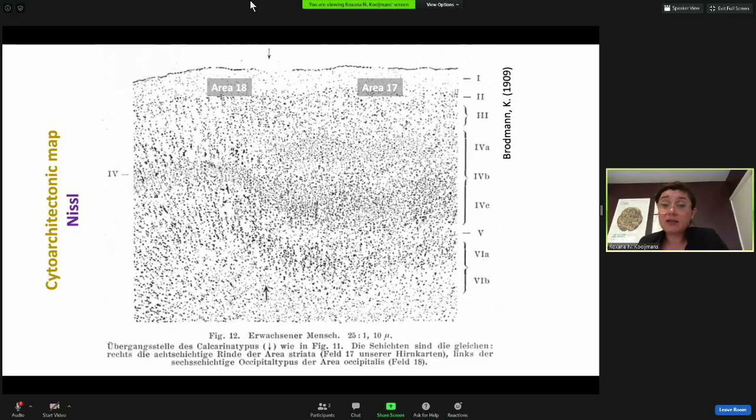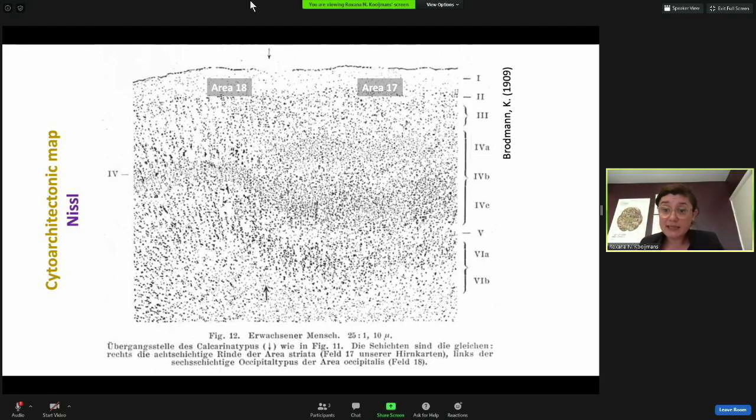More recently, this kind of mapping work has been revolutionized by Axel Schleicher and Karl Zilles, who have created new methods to quantify Nissl staining, such as the gray level index, which has been further developed by Katrin Amunts and Timo Dickscheid, who are now generating full coverage cortical maps of the human brain that you can find in the Atlas of the Human Brain Project.